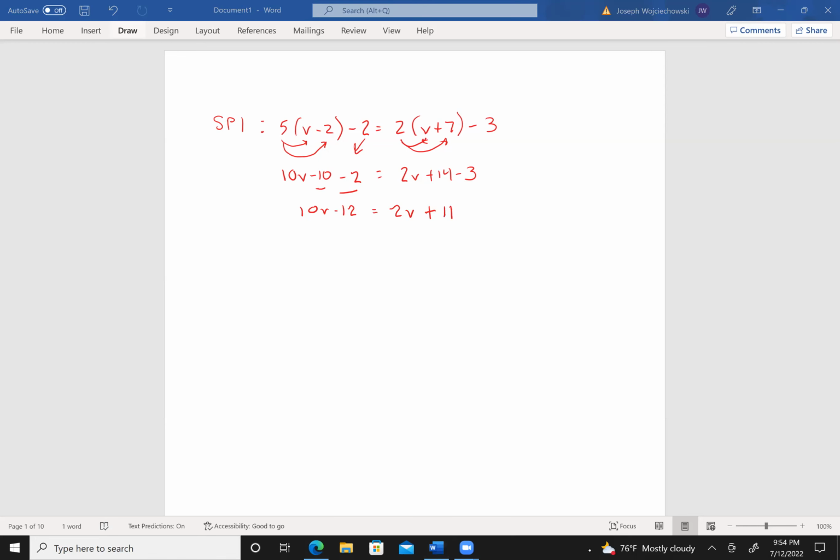Now, to get all the variables on one side, if I subtract 2v from both sides, this leaves me with 3v minus 12, and on the right the 2v terms cancel each other out, equals 11. Now if I add 12 to both sides, the negative 12 and positive 12 cancel out, and I get 3v equals 23.